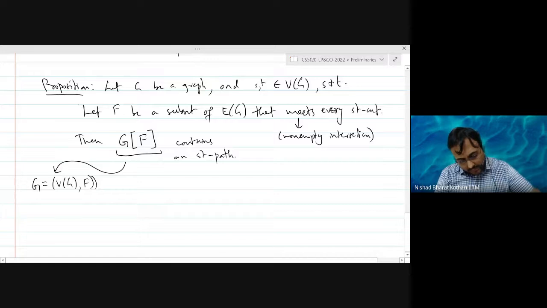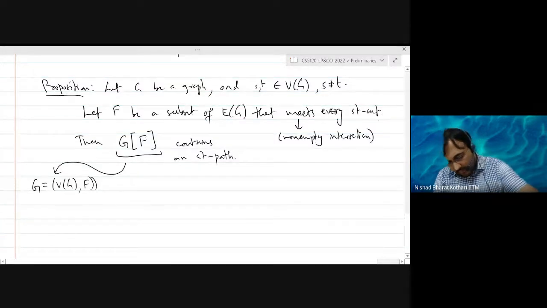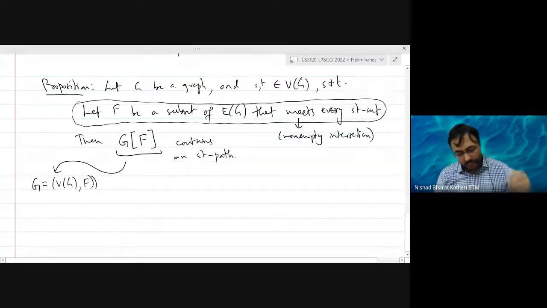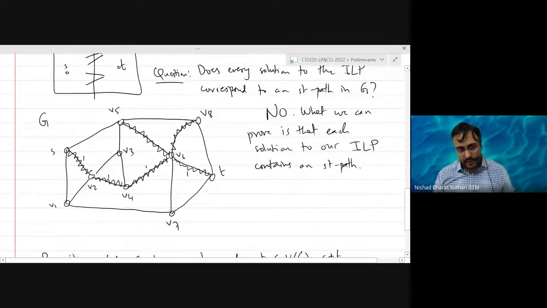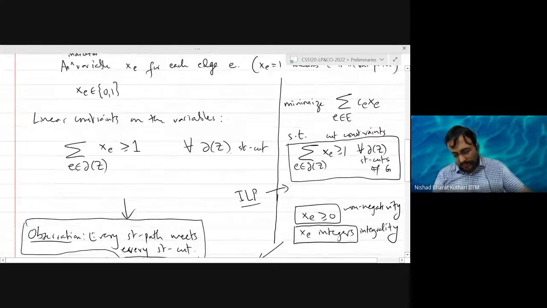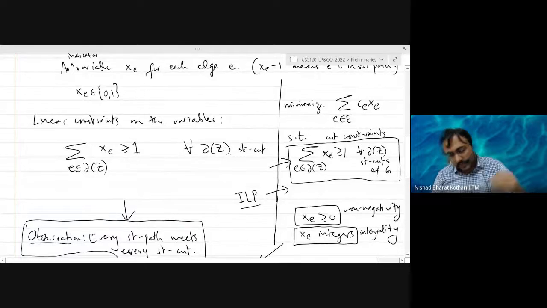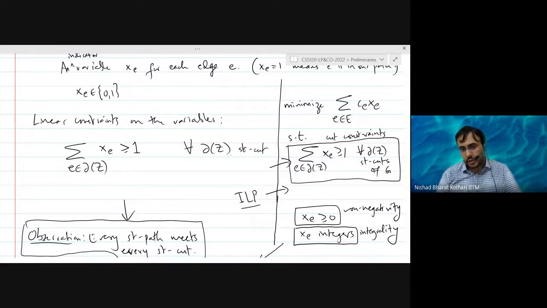Observe that this condition here is the same as saying that this constraint holds, right? For every ST cut, you are choosing at least one edge. Okay?